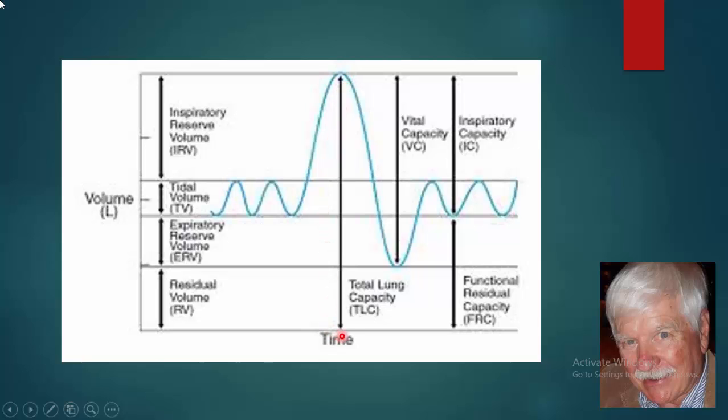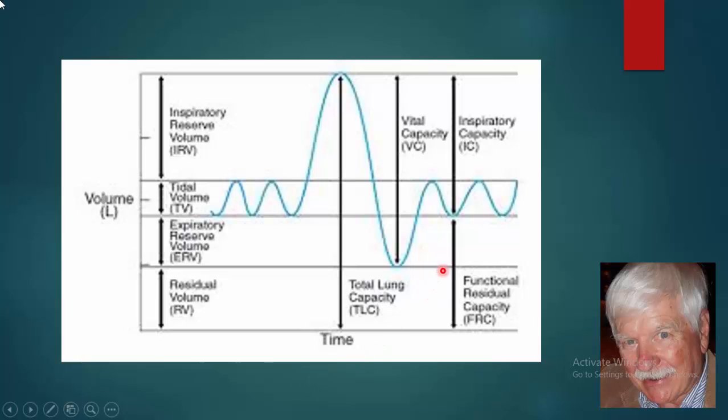This is if you could empty it all out, which you can't. But that, from the zero line all the way up to the peak, that's called total lung capacity. And you can see that's residual volume plus expiratory reserve volume plus tidal volume plus inspiratory reserve volume. So therefore it's called total lung capacity because it is determined by adding a bunch of the volumes together.